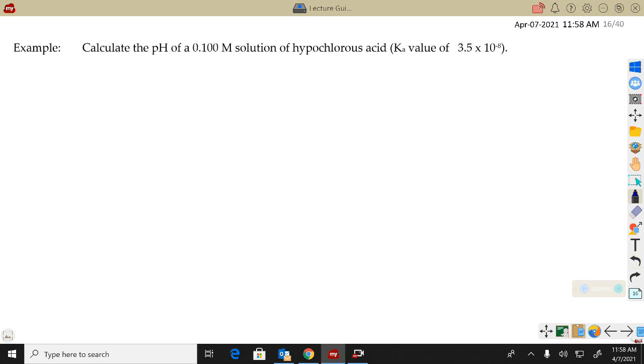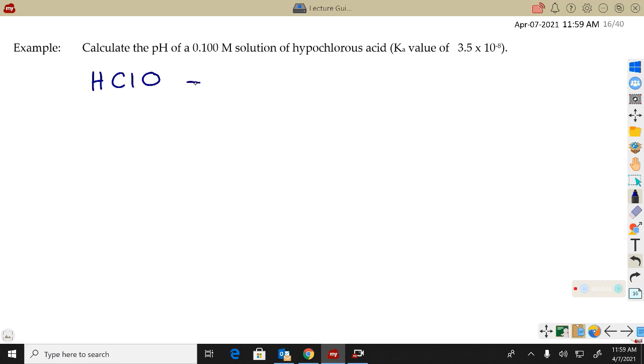All right, so let's start with an ice table. Now they've got hypochlorous acid. They're not giving me the formula of this thing, but you could have just called it HA, some general weak acid, or technically it is HClO, hypochlorous acid.